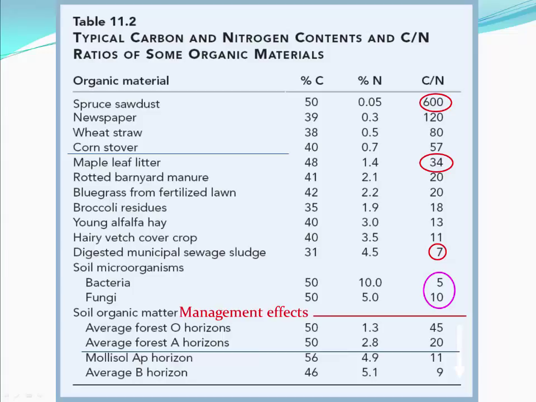Now, things like biosolids and sludge are already decomposed, and microbes tend to bring the carbon to nitrogen ratio closer to their body composition because they are the major source of food for other microbes. So the digested municipal sewage sludge is what I'm calling biosolids. And you can see that the ratio is already low because it's undergone previous decomposition. The rest of the materials are fresh inputs.